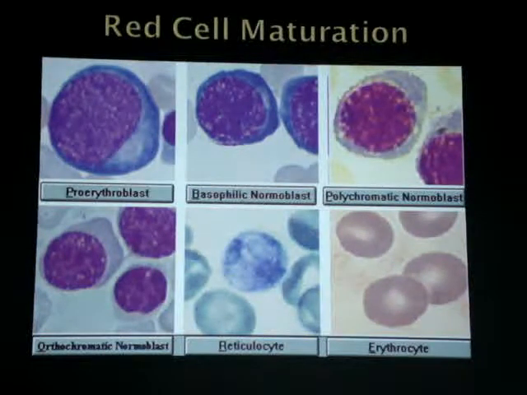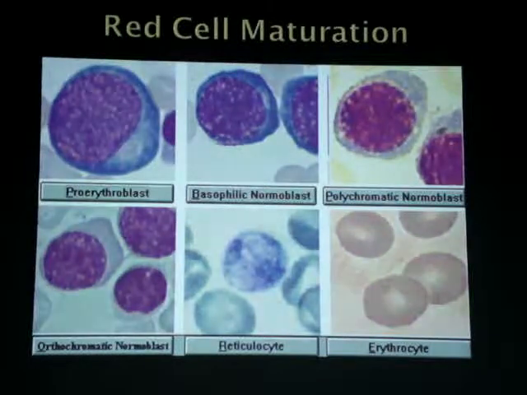And then, when a cell becomes committed to produce one particular type of blood cell, the first identifiable stem cell for the production of the red cells will be that cell, a pro-erythroblast.